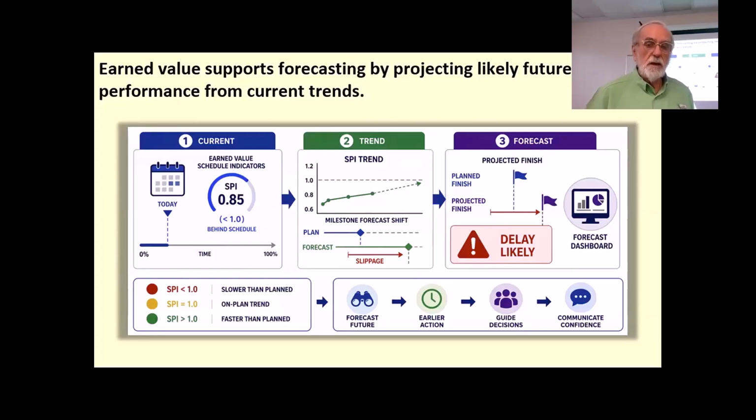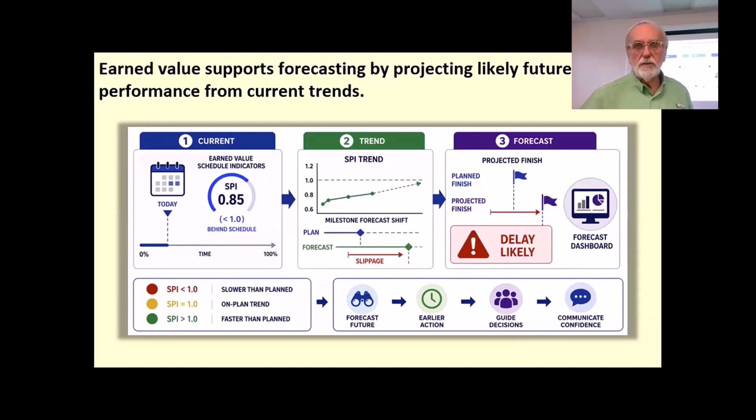If SPI, schedule performance index, remains below 1.0 over time, the project is progressing more slowly than planned. That suggests future milestones or completion dates may be at risk unless something changes. If SPI improves, that may indicate recovery actions are working.